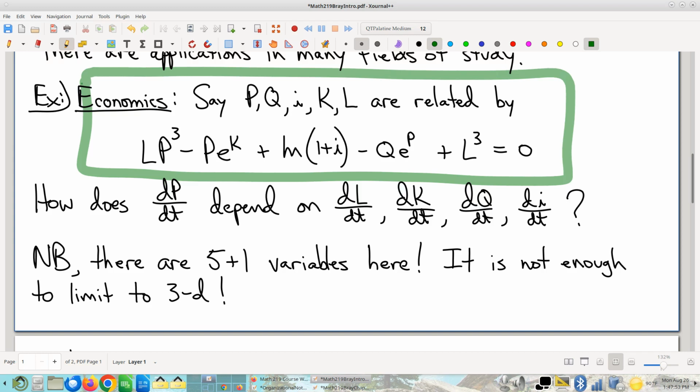Now, I just made up this equation. The specifics aren't the point here. But in practice, very often, when you have a bunch of economic quantities, you don't just write down immediately, for example, P equals some function of the other variables. That's just not how the models tend to work.